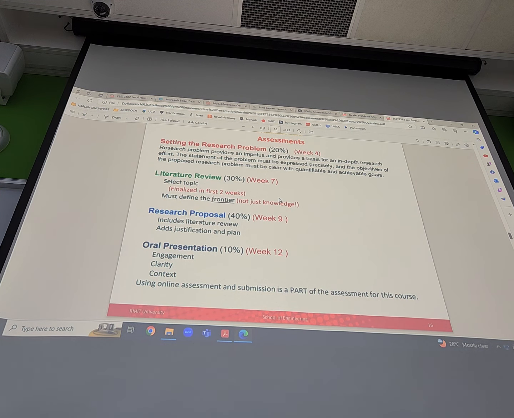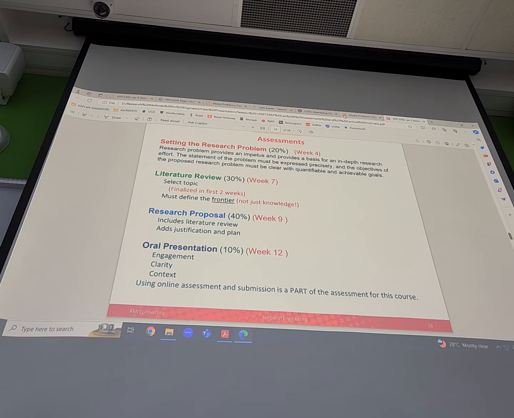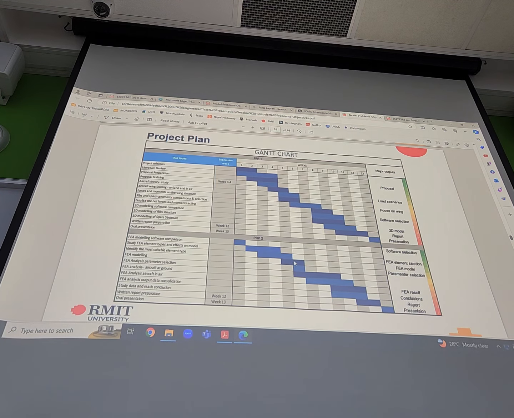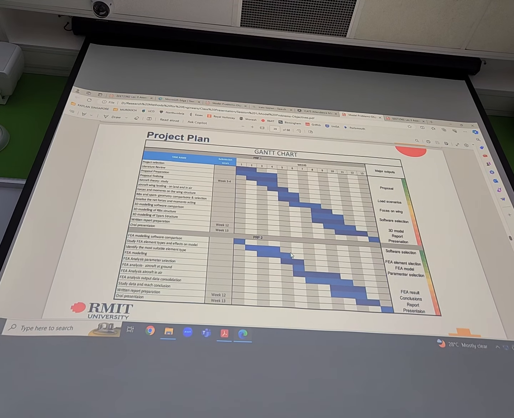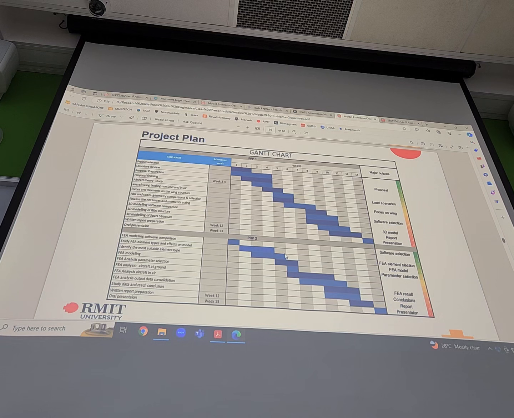Anyhow, we'll talk a bit more about this later. Don't worry, I'll show you some model examples. Why we came to this portion is that this Gantt chart or project plan should be part of your research proposal.